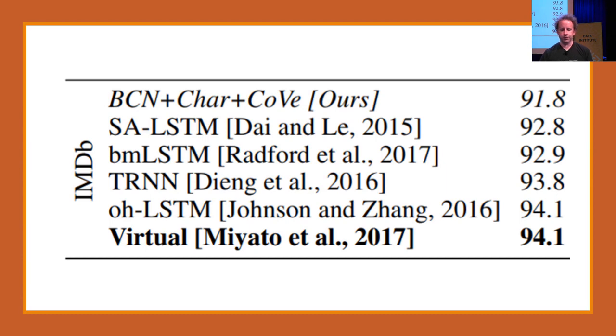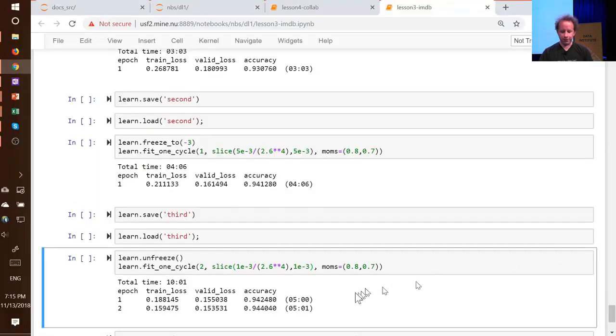If we compare it to last year's state of the art on IMDb, this is from the Cove paper from McCann et al. at Salesforce Research. Their paper was 91.8% accurate. In the best paper they could find, a fairly domain-specific sentiment analysis paper from 2017, they got 94.1, and here we've got 94.4.